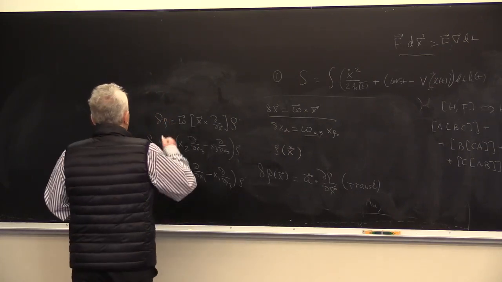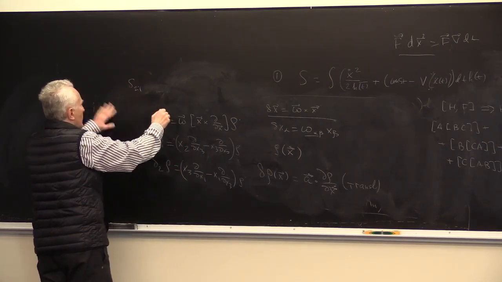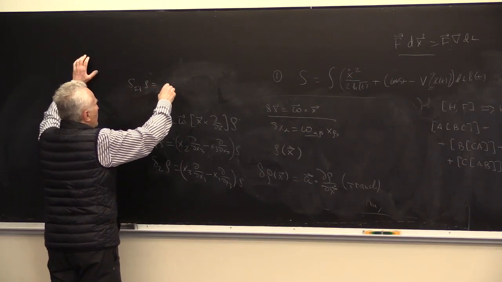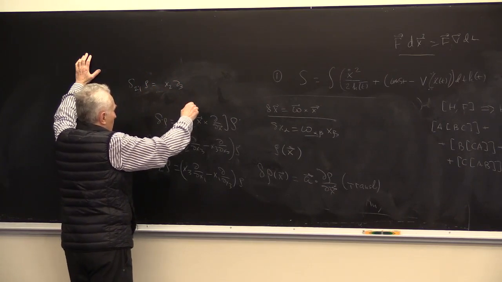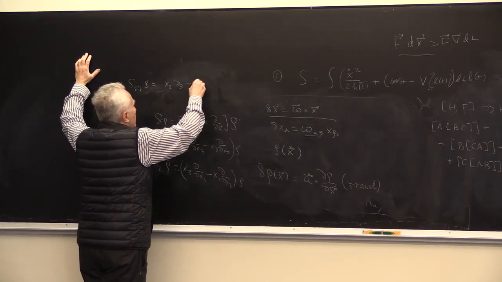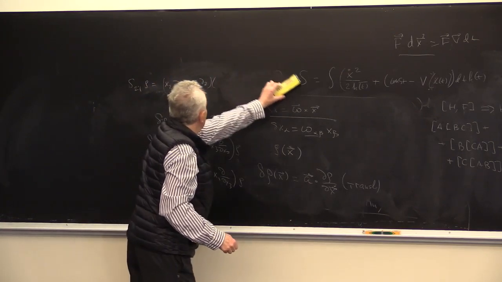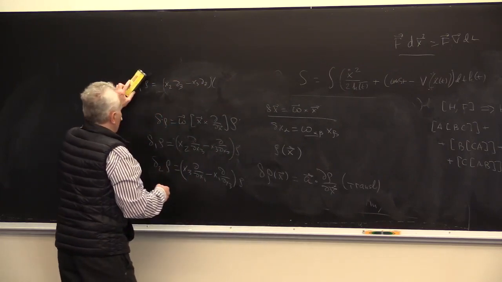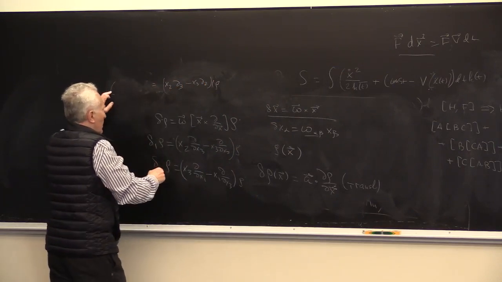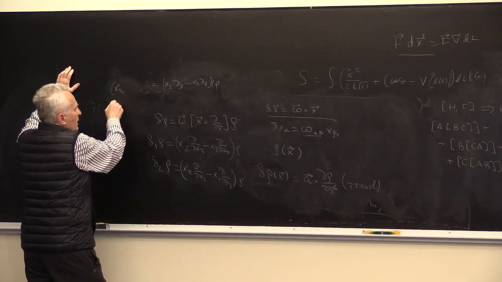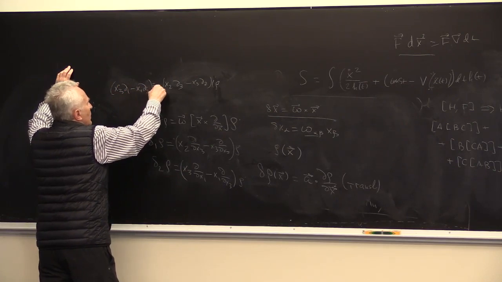So delta 1, 2, if I do it first around 1, then 2, I will have x2 d3 minus x3 d2, multiplied by x3 d1 minus x1 d3 applied to ρ.